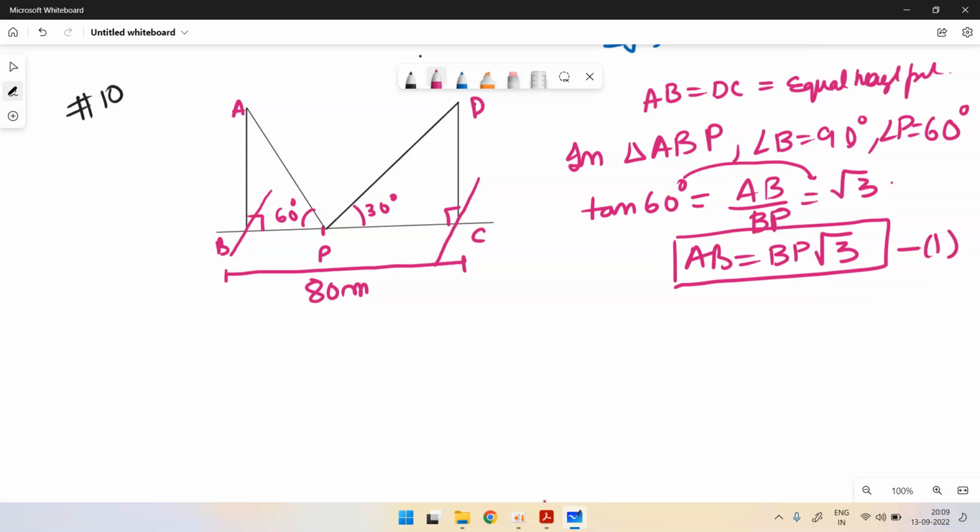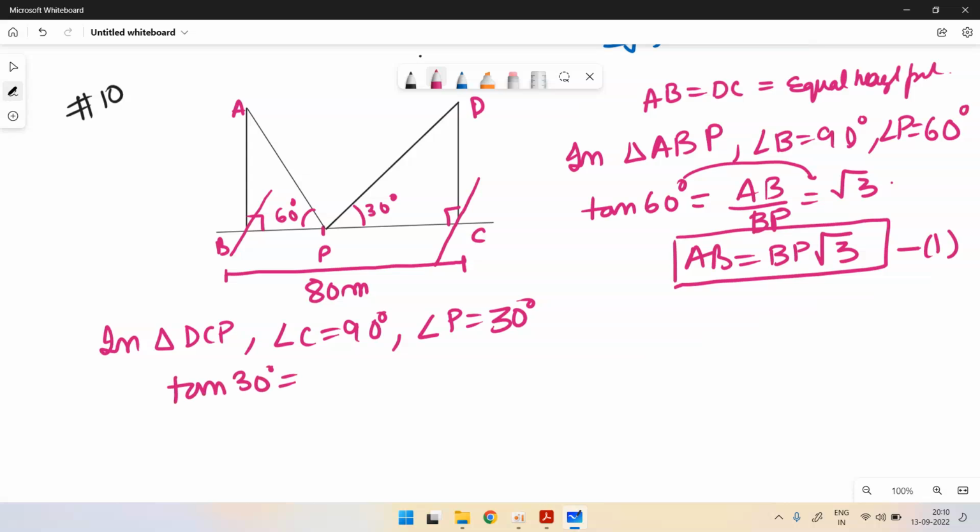Now in triangle DCP, angle C is 90 degrees and angle P is 30 degrees. So tan 30 degrees is nothing but DC by PC.